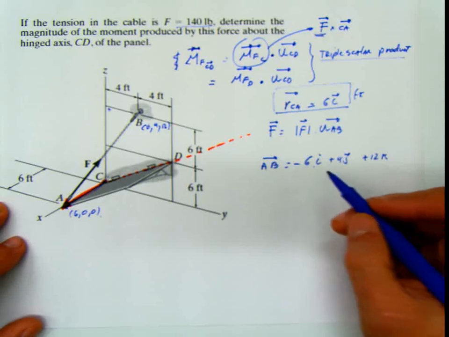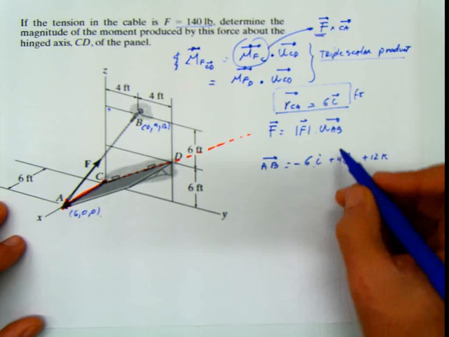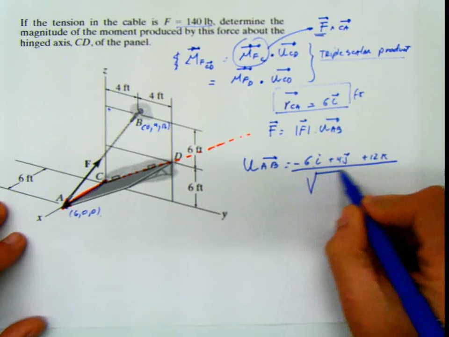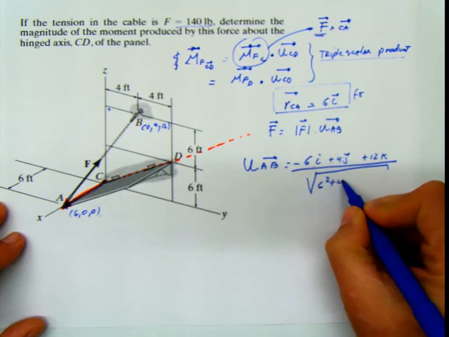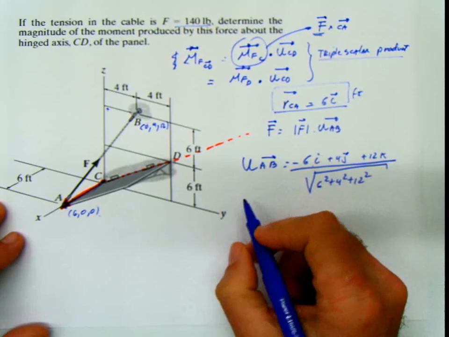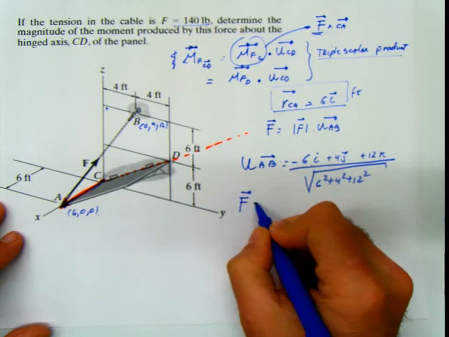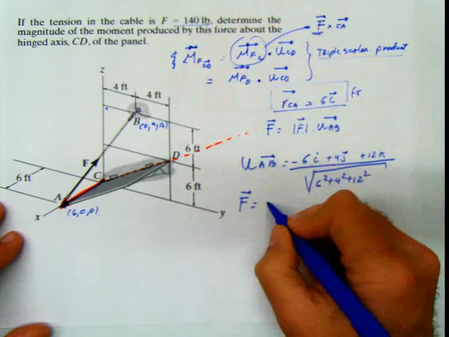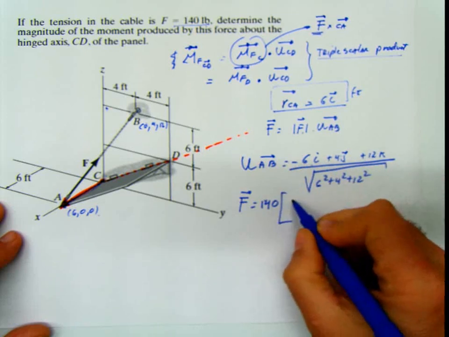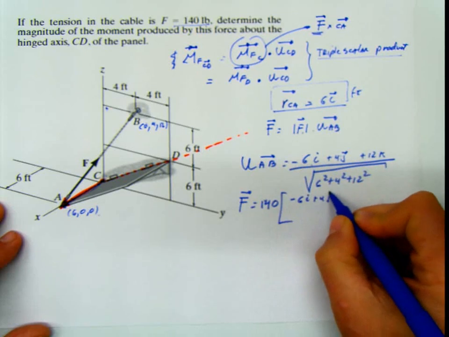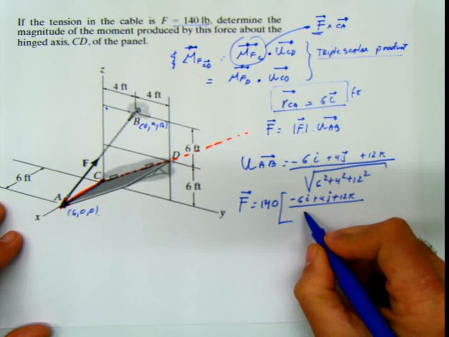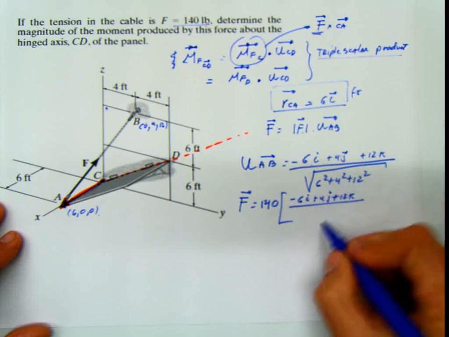So now, I don't do anything with this one because what I need is the unit vector. But the unit vector is going to be exactly the same thing divided by the magnitude, which is the square root of 6 squared plus 4 squared plus 12 squared. And then if I want to calculate my force, it's going to be the magnitude of the force, which is 140, multiplied by the unit vector, (-6i + 4j + 12k), divided by the square root of this, and the square root of this is 14.